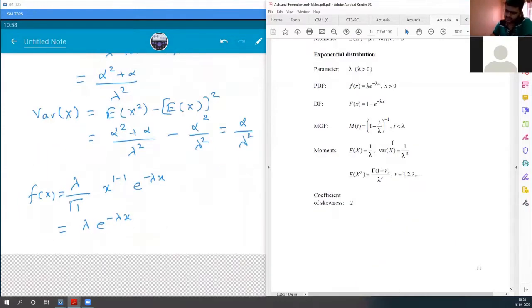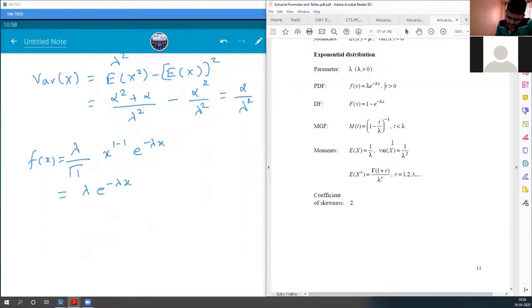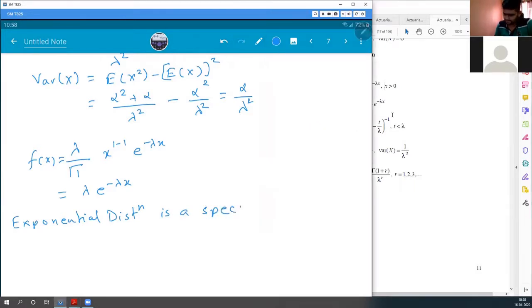And that is the case: the exponential distribution is a special case of the gamma distribution, where alpha is equal to 1.